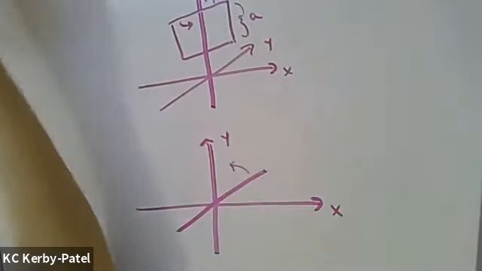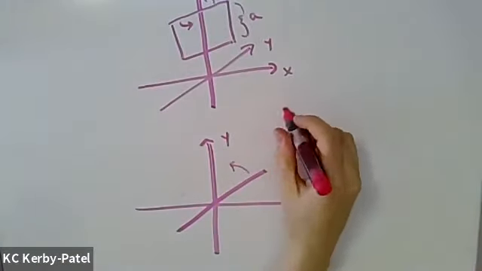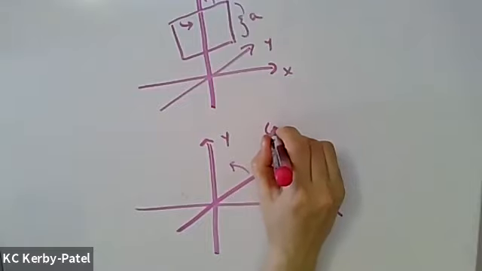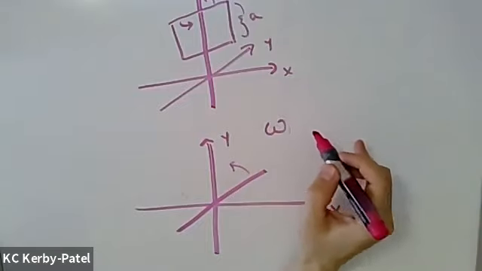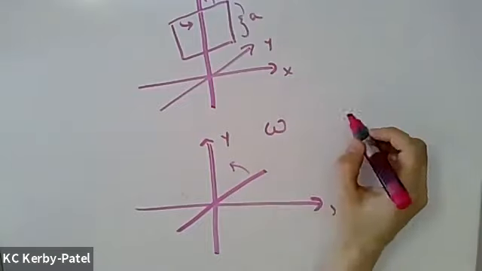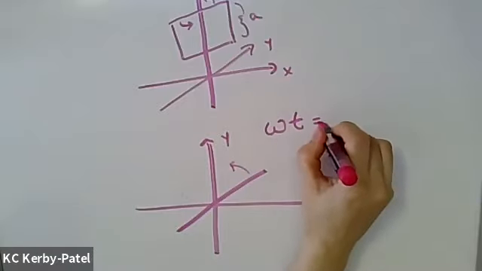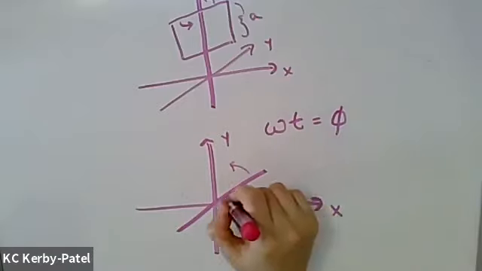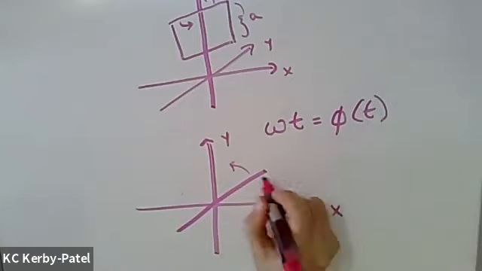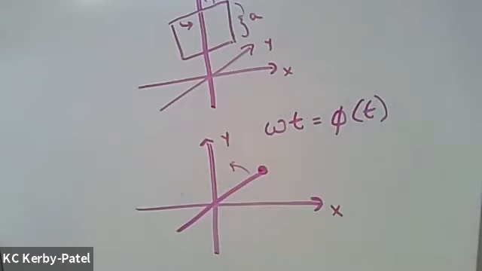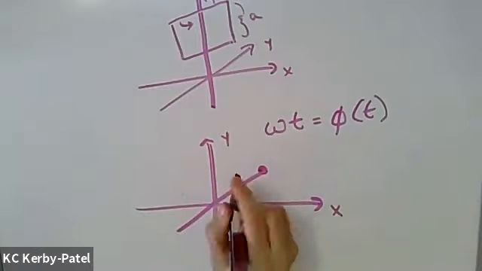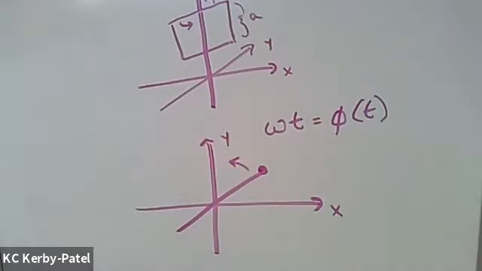We give it an angular frequency omega, where omega t equals the angle that this point is at as a function of time.